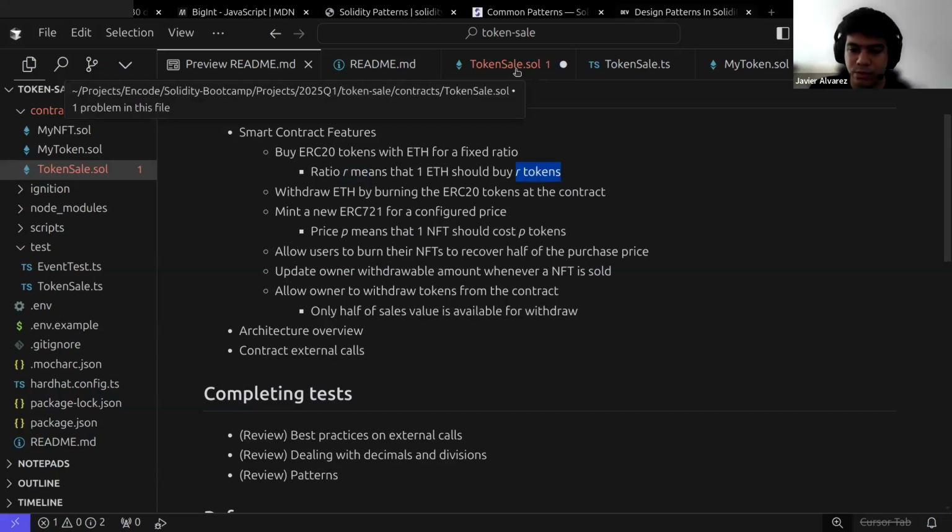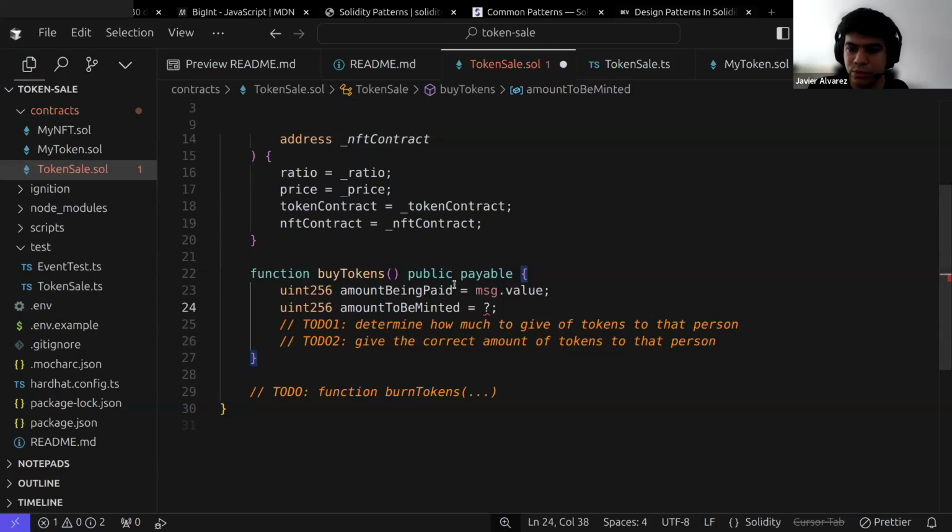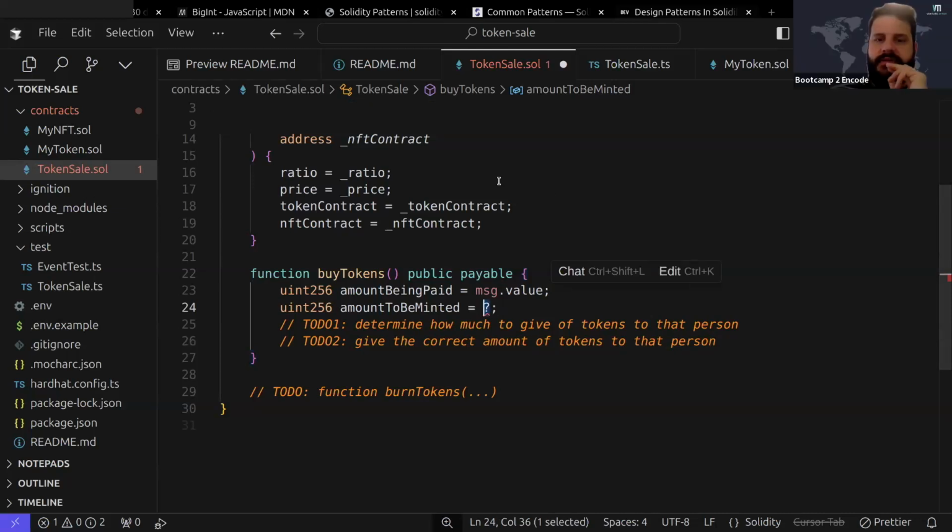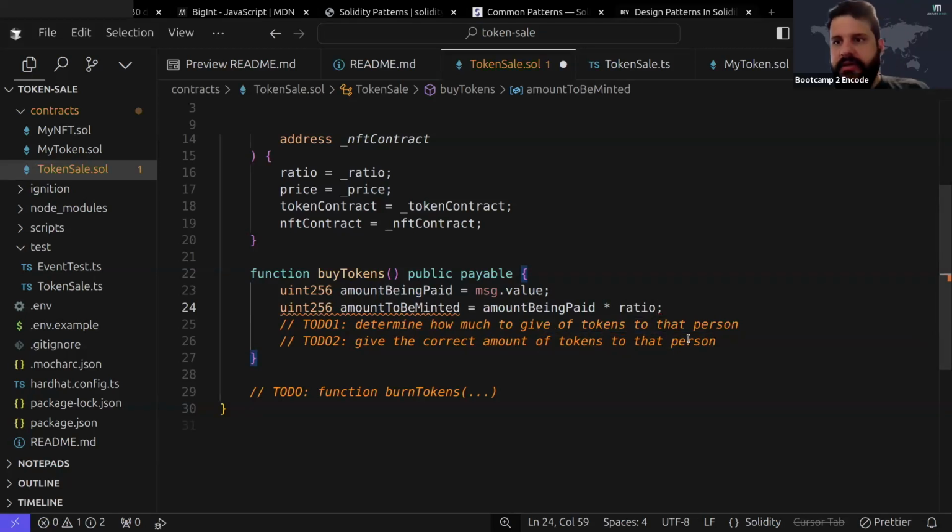Yeah. So here, what would be the correct operation? Multiply. The amount being paid in ETH multiplied by the ratio that I have stored inside that smart contract. So this, Laurent, is why I don't need to pass the amount. It is going to be calculated by how much I have sent, okay?